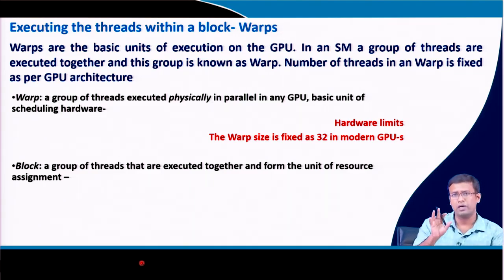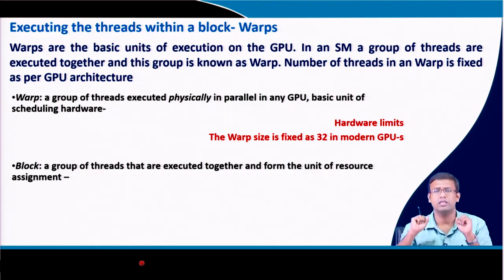When a kernel is launched, a block of threads is assigned to a streaming multiprocessor, and among this block 32 threads are chosen, and these 32 threads as a warp are activated in the streaming multiprocessor. 32 cores of the streaming multiprocessor are active at one go, taking up these 32 threads.